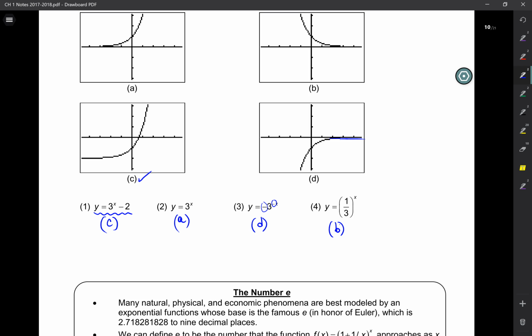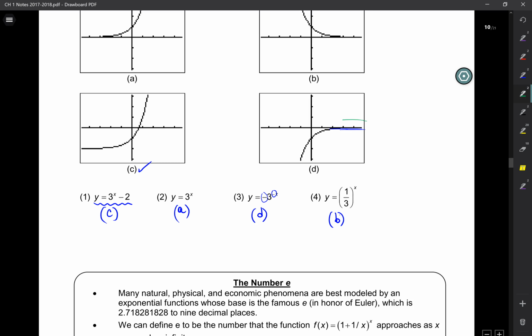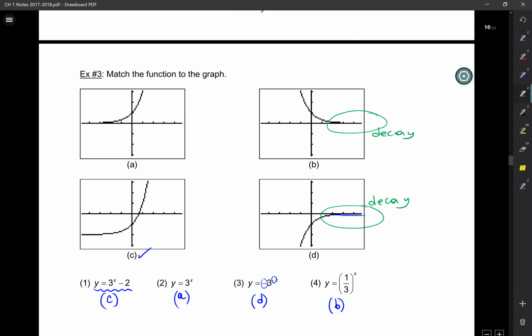So will something like that be able to match it? Maybe. Next one. As you approach the right side of the graph, if your graph is approaching 0, it's decay. Like you see here, it's approaching 0, it's decay. If on the right side of the grid it's going up away from 0, or going down away from 0, then it's growth.